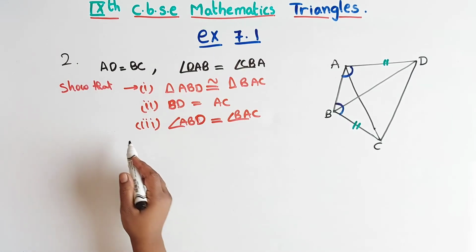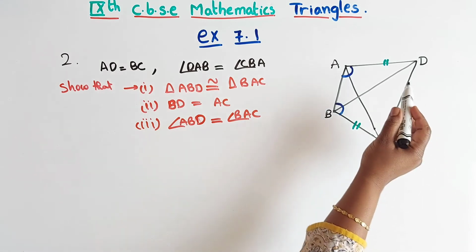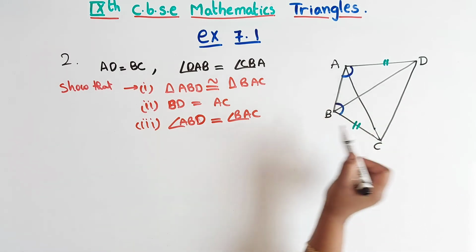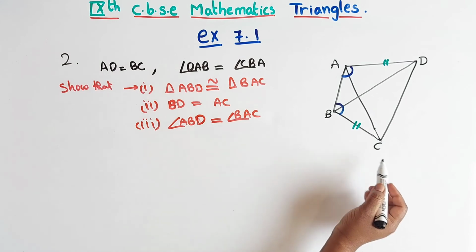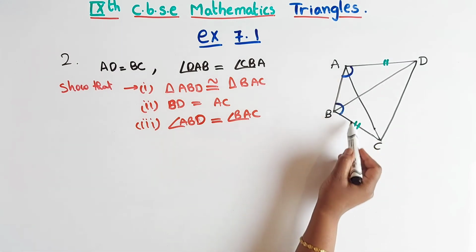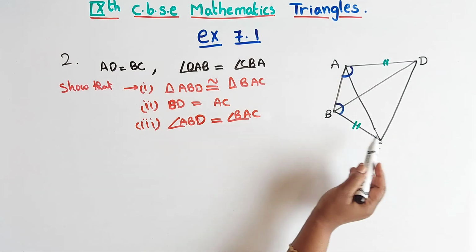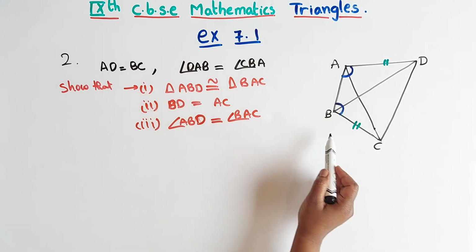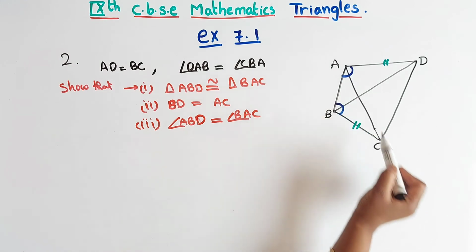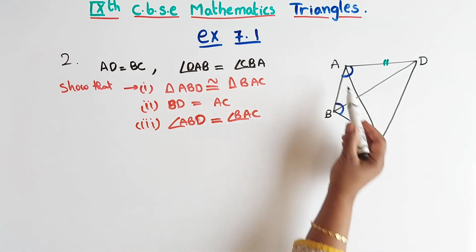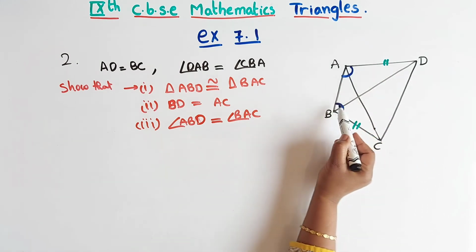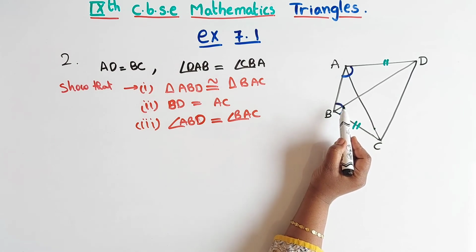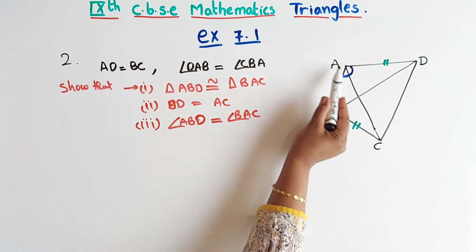Now second question, children. ABCD is a quadrilateral in which AD equal to BC and angle DAB equal to angle CBA, and prove that triangle ABD is congruent to triangle BAC, and BD equal to AC, and angle ABD is equal to angle BAC.